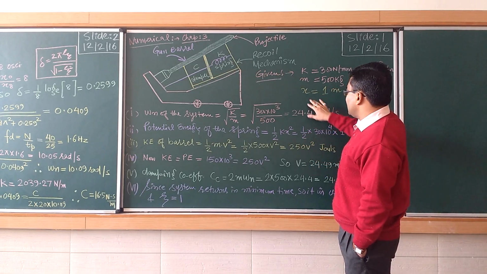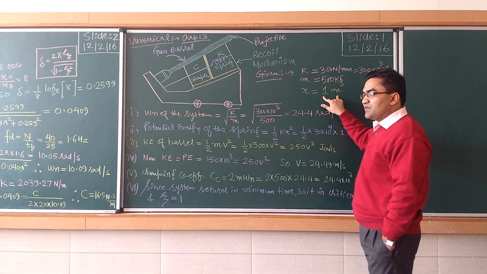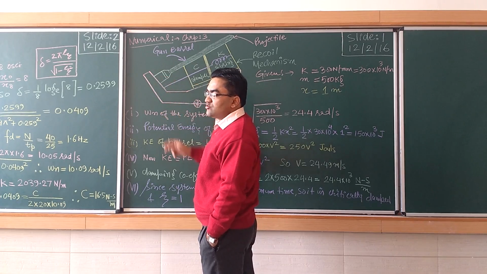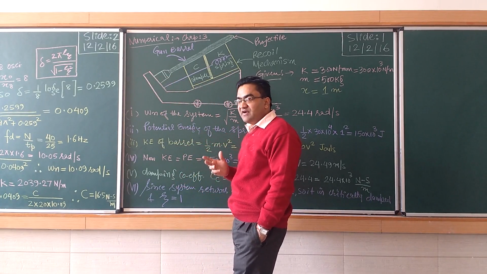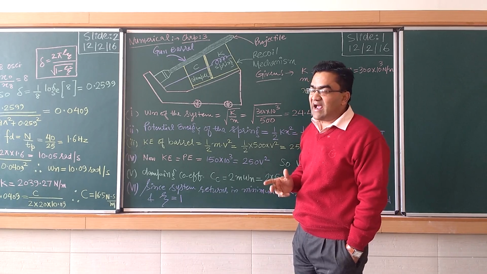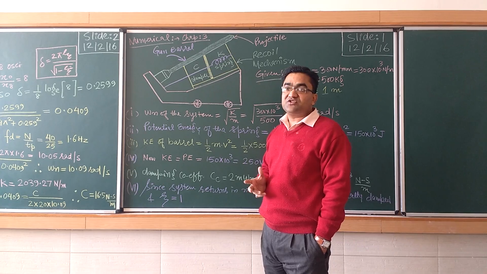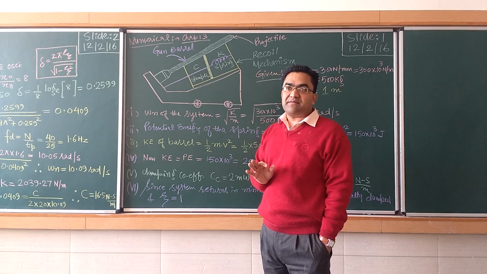And point number 3, the recoil comes out to be 1 meter, meaning this complete barrel goes backward through a displacement of 1 meter from the main position and comes back to the original position within minimum possible time.